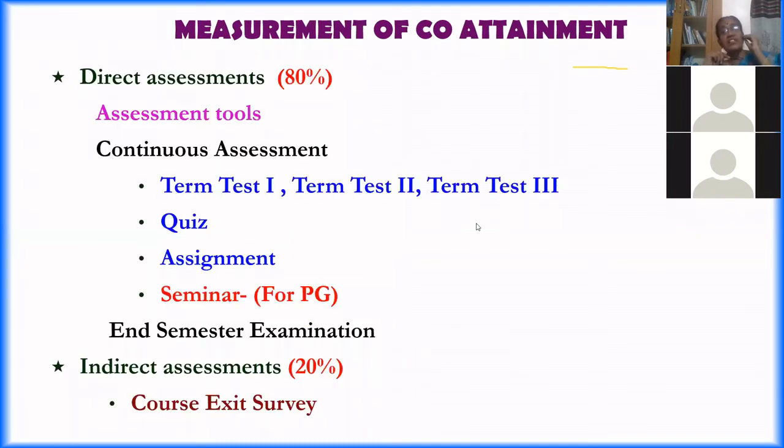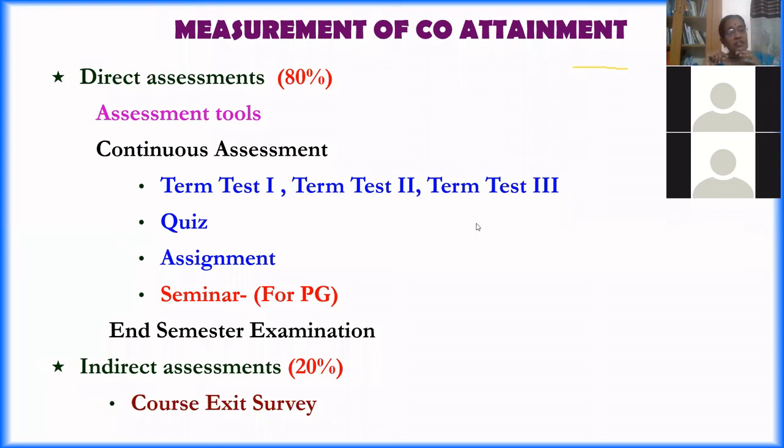For CO attainment, the direct assessment tools are continuous assessment, term tests 1, 2, and 3, quiz, assignment, and seminar components. For UG and PG, you can decide, and then the semester examination. For indirect assessment, at the end of each course, the course teacher will give a course exit survey on whether these course outcomes are attainable by the students.